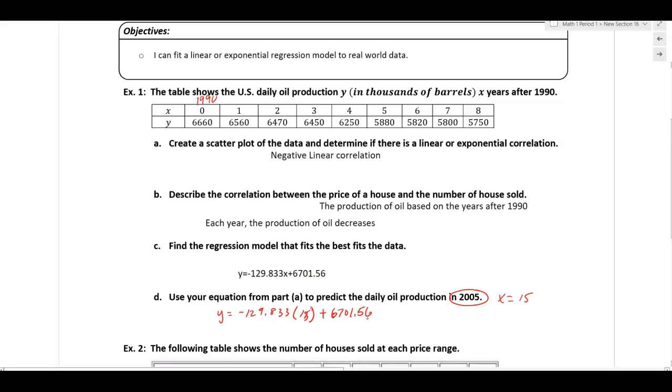I pull out my calculator: negative 129.833 times 15 plus 6,701.56. That would give me, in 2005, 4,074.065. Okay, that's how we would use that model.